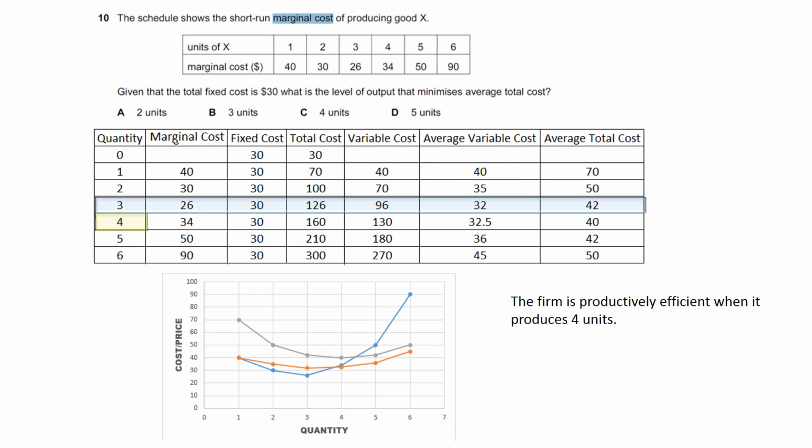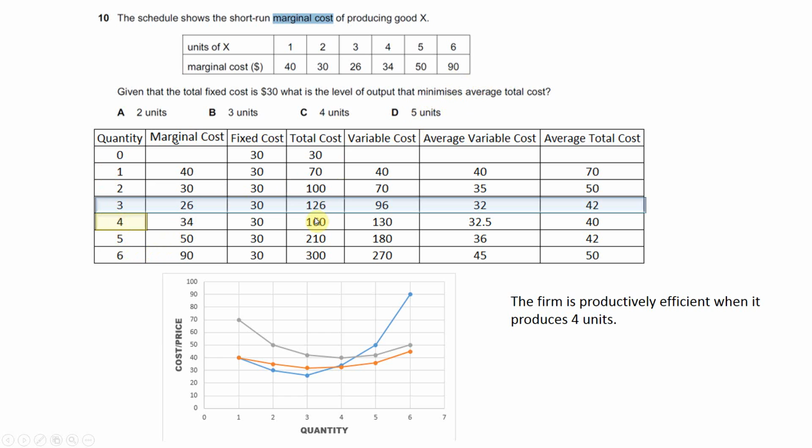Yes, 35. Okay, so 96 divided by the quantity 3 gives us 32. 130 divided by 4 is 32.5. And we can see that the minimum quantity that the firm is willing to produce is 3, where it's the minimum of the average variable cost. 32 is the smallest average variable cost given these quantities.